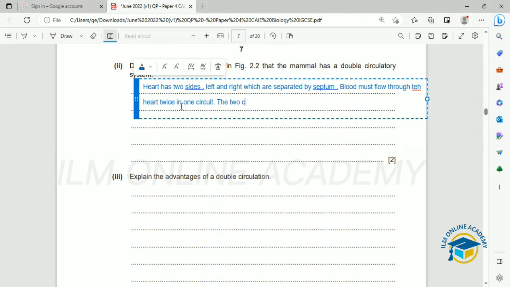The two circuits are pulmonary and systemic circuit. Two points are enough, but I'm just writing it in case. Now, these two circuits, as I have mentioned even before, one of these carries blood from heart to lungs, and then heart to the rest of the body is the other circuit. So that's that.